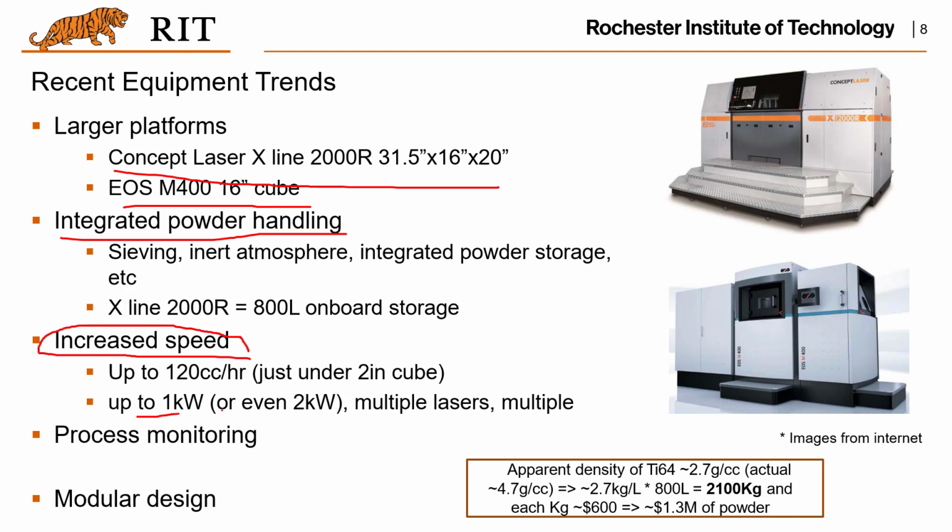Also, the power used in the process is pretty high to make sure the metal can be melted and fused. But for the building volume, if we use the titanium material, Ti 64 alloys, and want to fill the whole tank of this machine, it turns out it requires 1.3 million for just the powder.